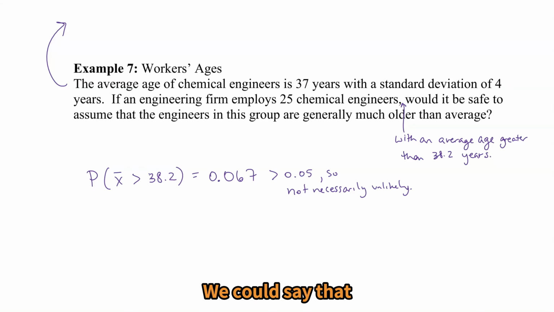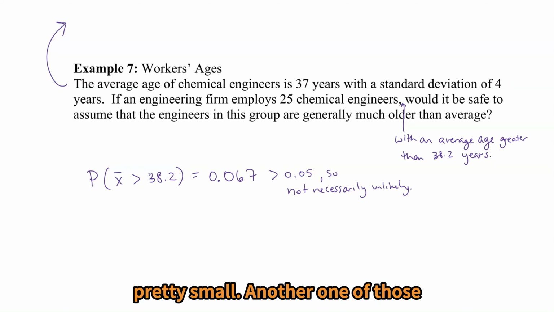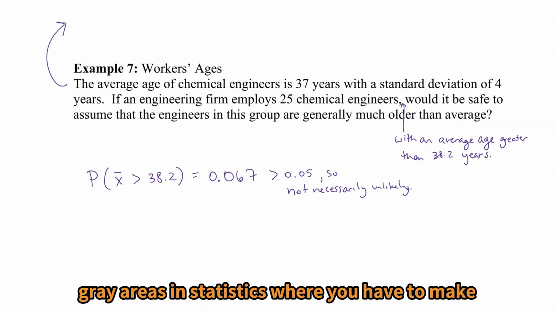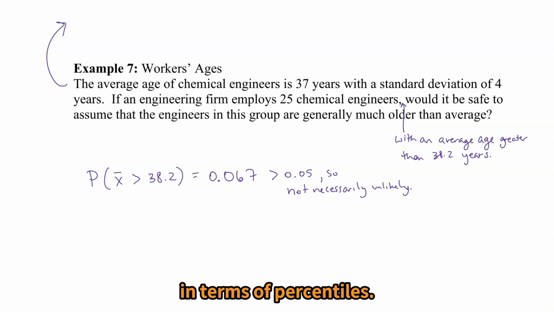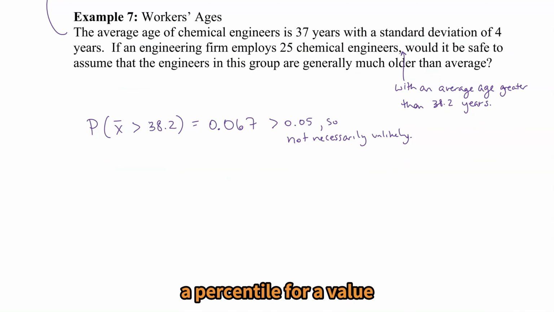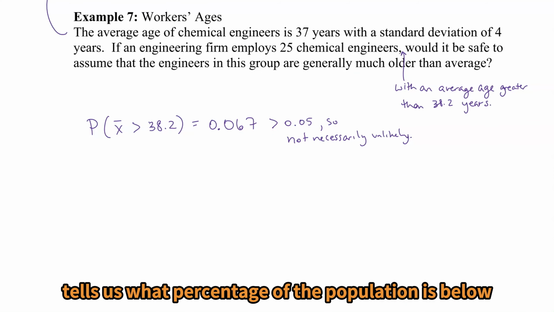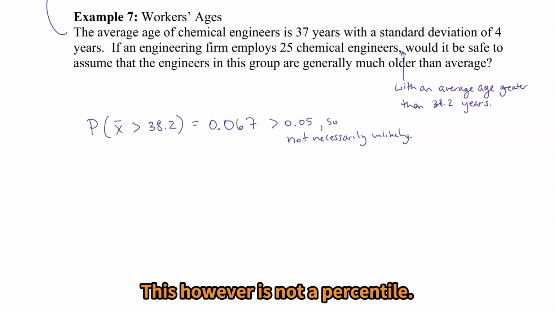We could say that because the probability of being greater than 38.2 is pretty small. It's another one of those gray areas in statistics where you have to make a judgment call. We can also look at this situation in terms of percentiles. So percentiles from chapter 3, a percentile for a value tells us what percentage of the population is below that number. This, however, is not a percentile.